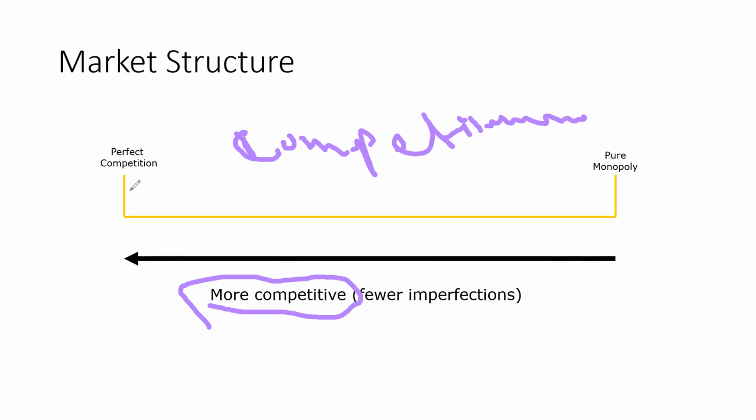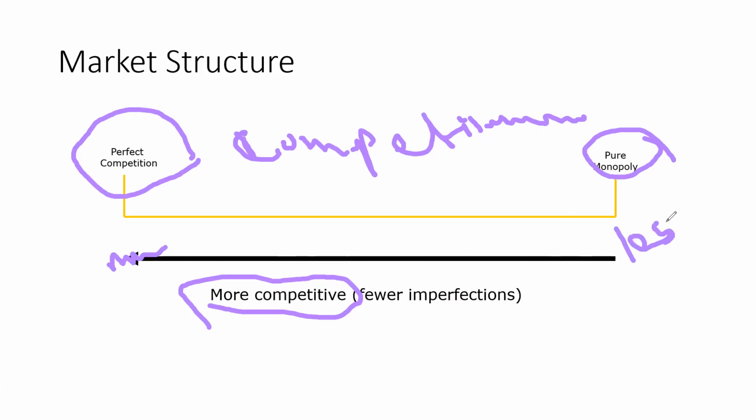Therefore, more competitiveness can be seen. That market we identify as perfect competition. On the other extreme, in contrast, is the less competition.